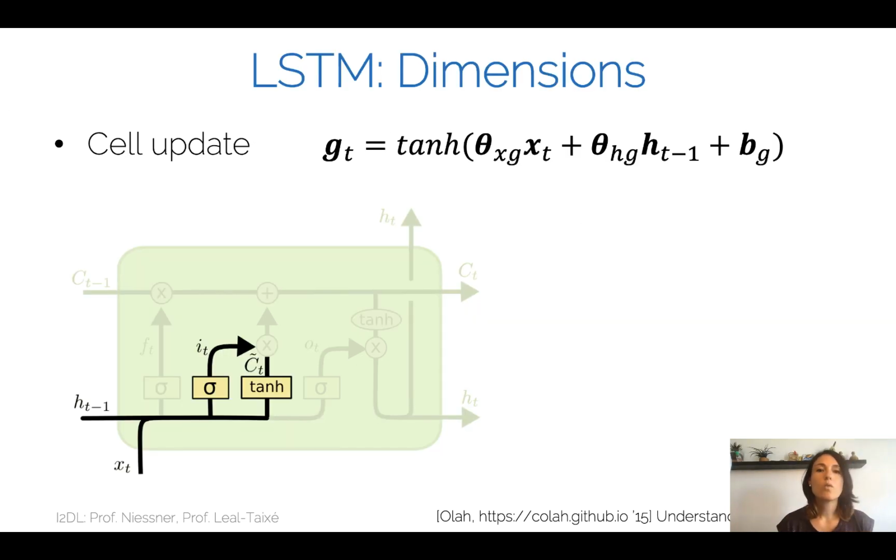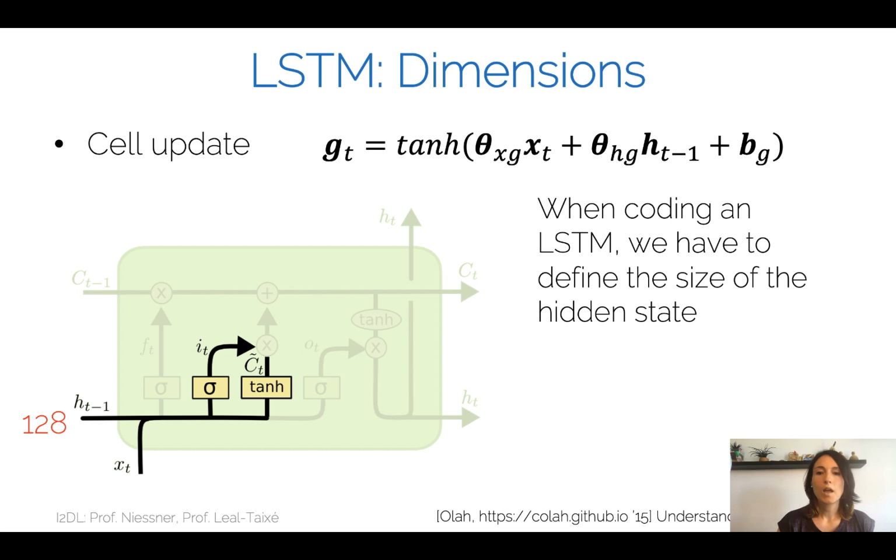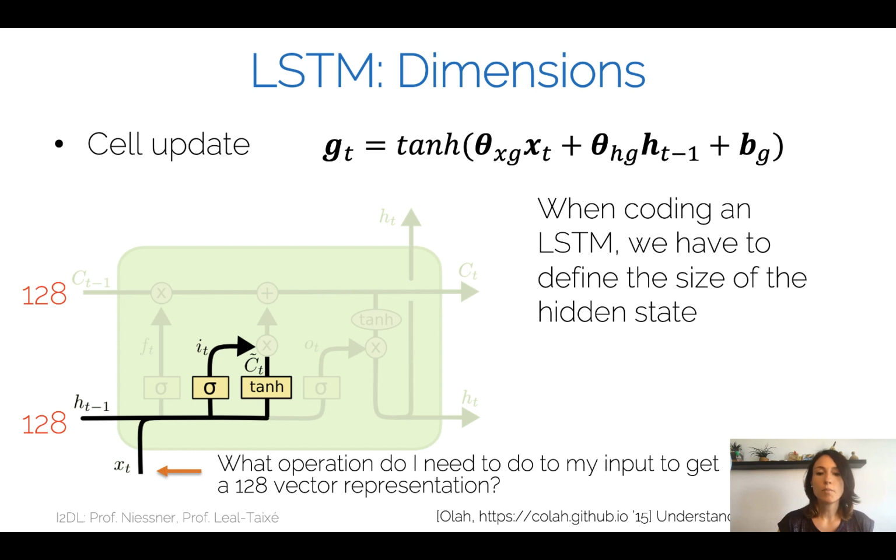Now, when we're coding an LSTM, we need to decide what is the size of the hidden state. This is going to be the input that we're going to feed into PyTorch, for example, for coding the LSTM. So once we decide that our hidden state has size, for example, 128, then all the other sizes actually have to match.